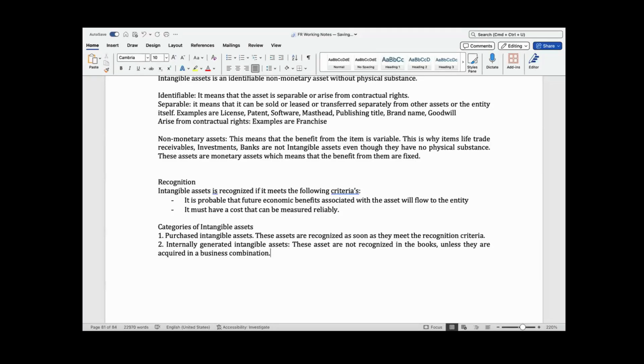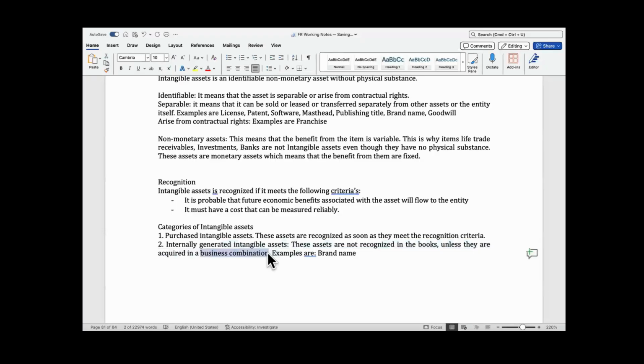Examples of such assets are brand names. A brand name is not recognized in the books as an intangible asset, even though it is an asset, except or unless it is acquired in a business combination. And you know what I mean by being acquired in a business combination?